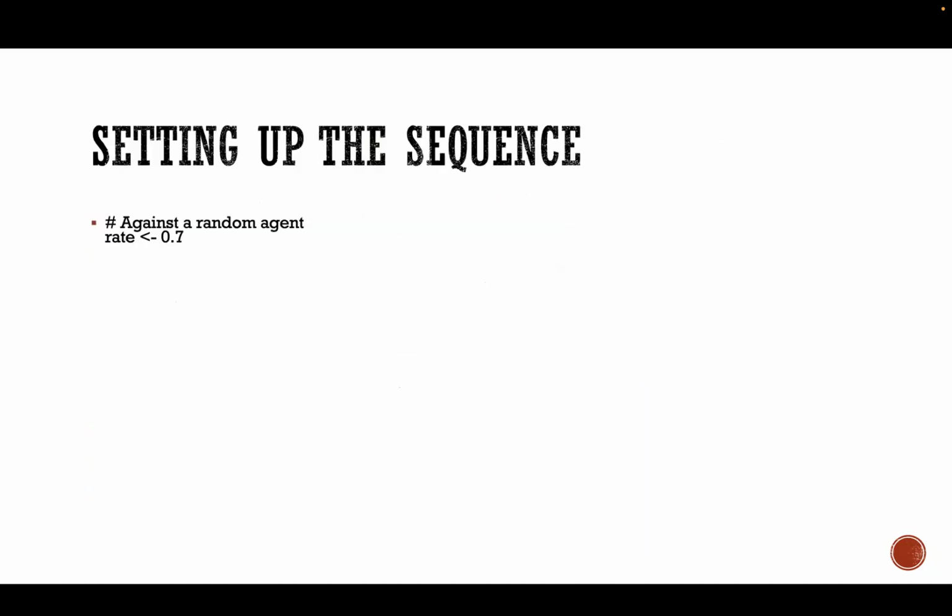So we set up the sequence. We play against a random agent to start with, with a rate of 0.7, because I had to start somewhere. We say that the self choices are a vector of length trials with NAs inside. The other choices are a vector of length trials with NA as value. We initialize the first.